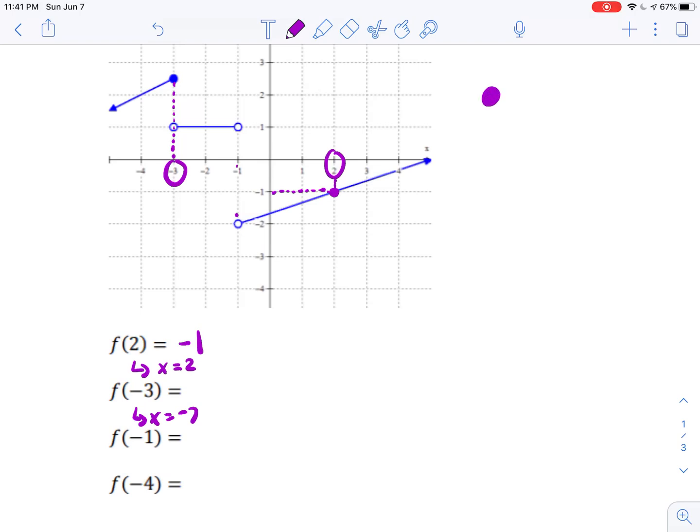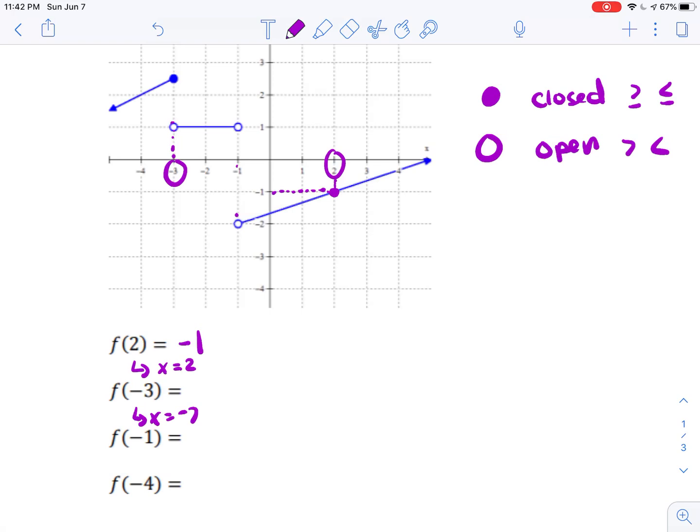Well, remember, when we have piecewise functions, this filled-in circle is called a closed circle. That means that x value is included in that set, whereas this open circle, or not colored-in circle, means not included, right? So if we were talking about inequality symbols, we'd be talking about or equal to's versus strict inequalities.